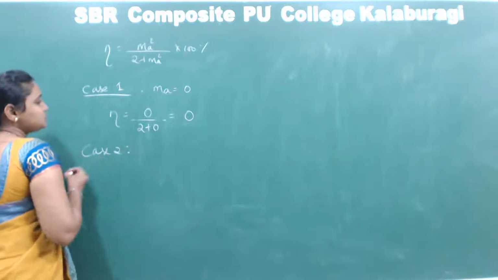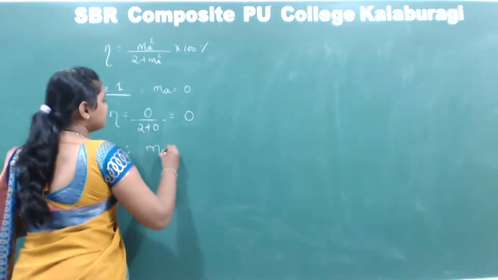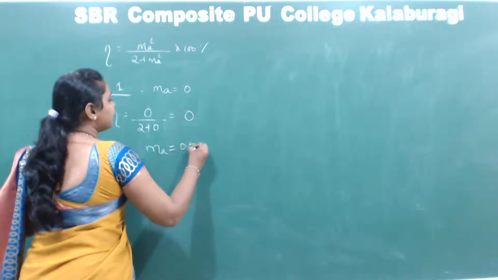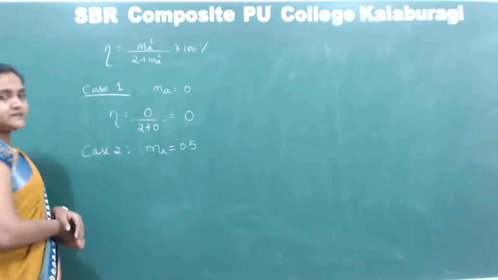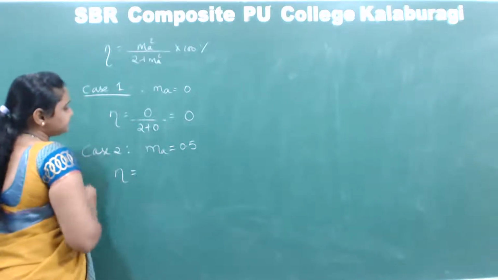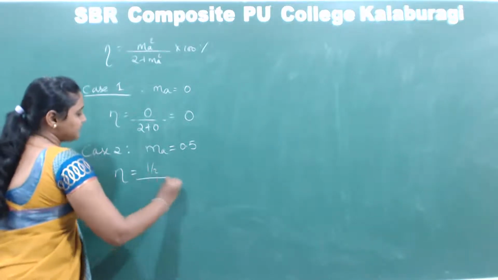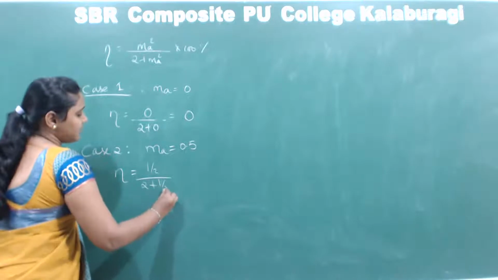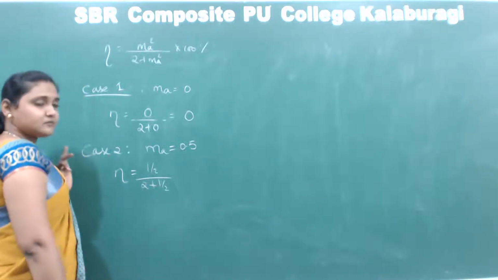Now case 2, and we consider MA to be 0.5. So we substitute the value, half by 2 plus half squared.